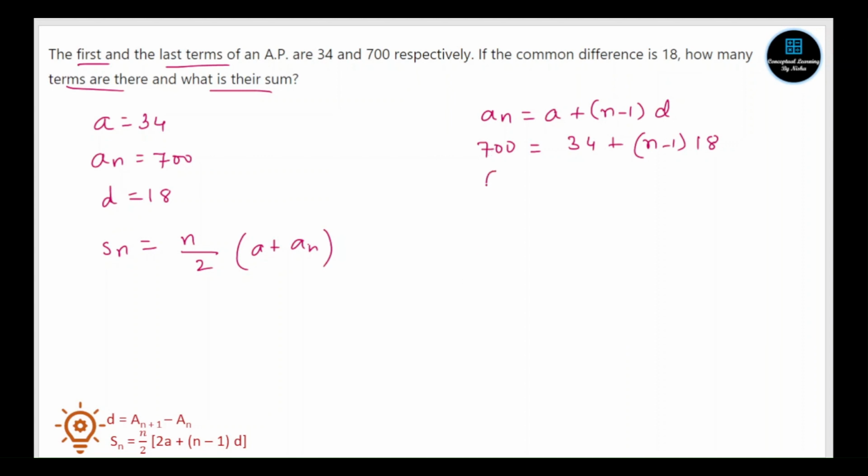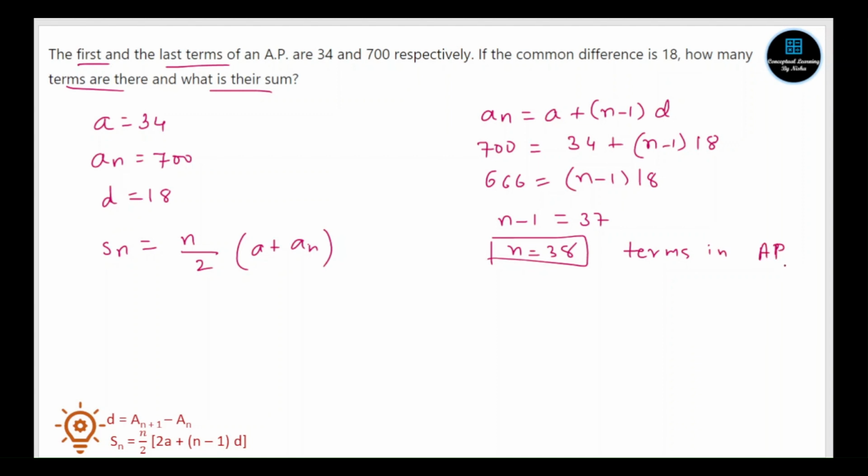So 666 equals (n minus 1) into 18. When we simplify this, I get n minus 1 equals 37. This gives me n equals 38. So there are 38 terms in the AP.